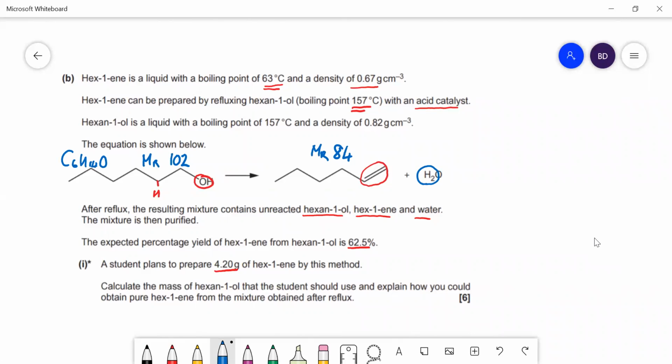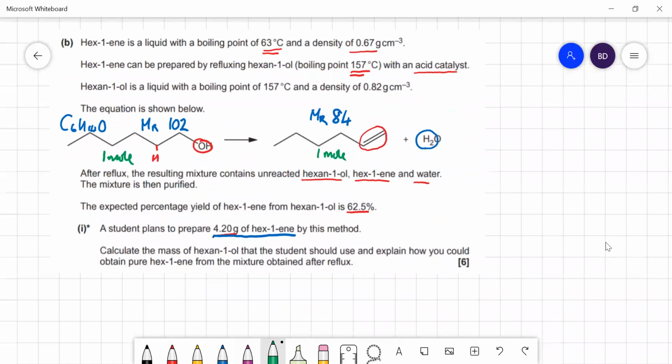Right. So he wants to make 4.2 grams of hex-1-ene. We need to work out how many moles of hex-1-ene that is. And we know that 1 mole of hexanol gives us 1 mole of hex-1-ene. So we can find the moles of hexanol we need. So let's do the moles of hex-1-ene first of all.